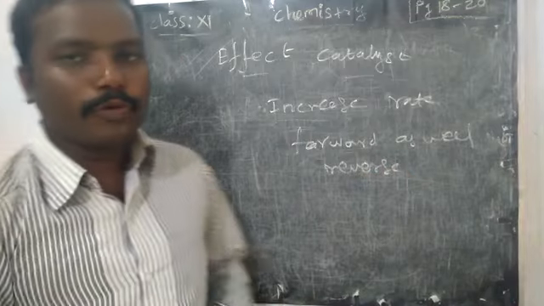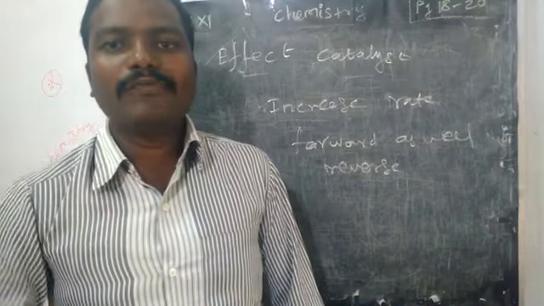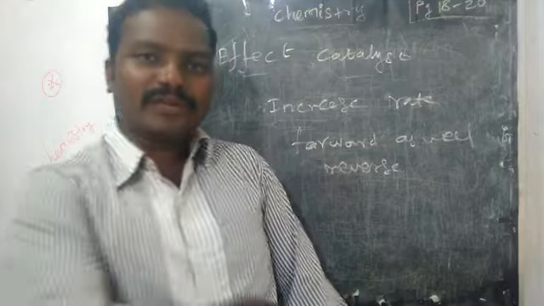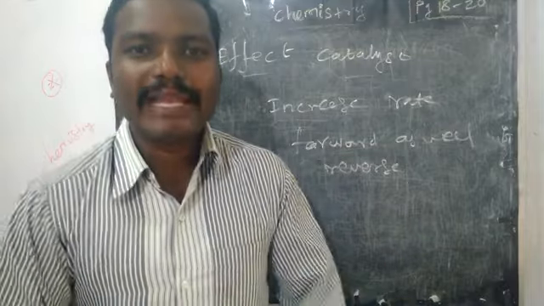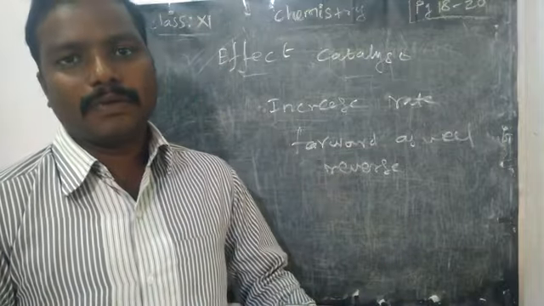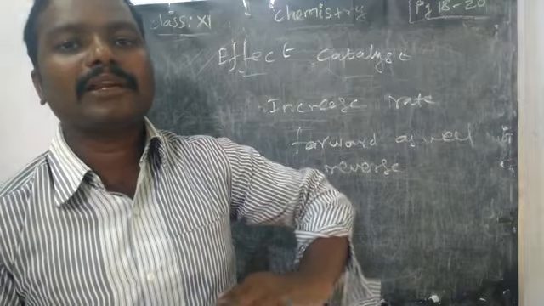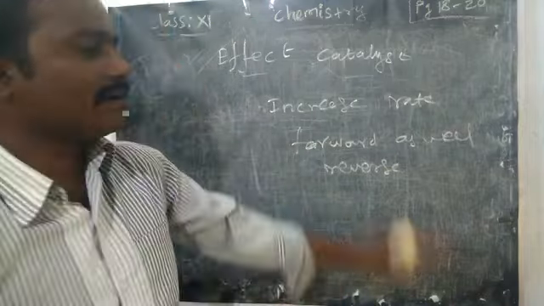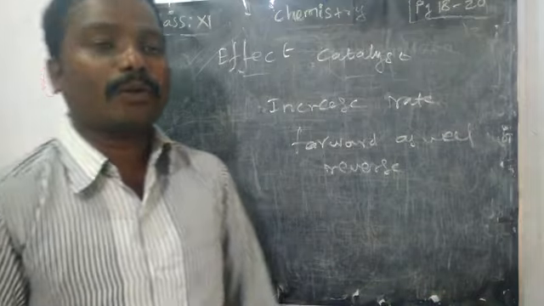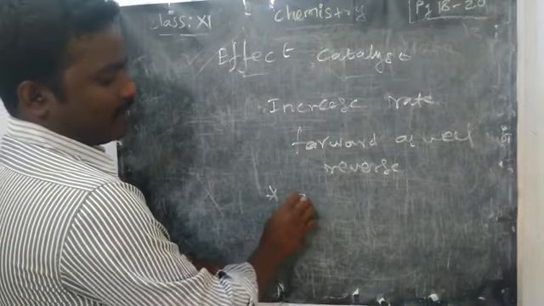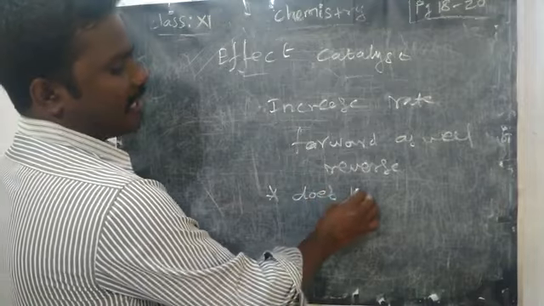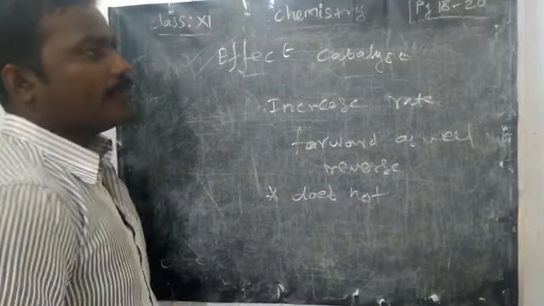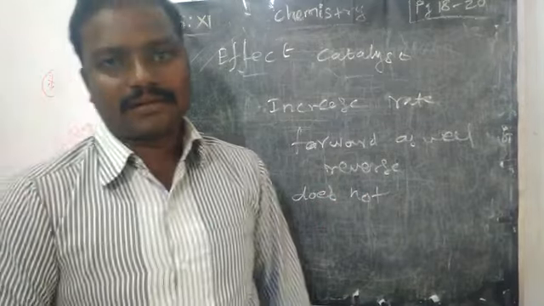If you apply a catalyst, it helps to increase the rate of forward as well as reverse reaction, so very quickly we can get the equilibrium. The reaction will attain equilibrium in a short time, but by adding the catalyst we do not get any particular change. So we can say a catalyst does not change anything in the equilibrium.